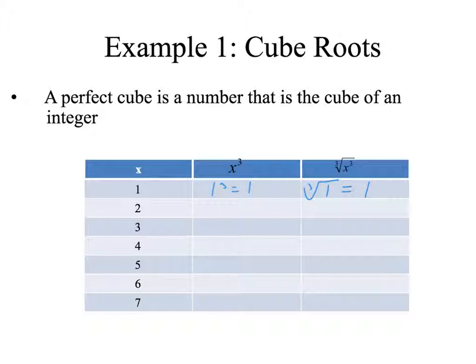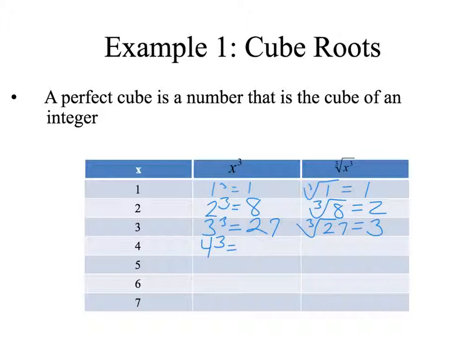Whoop, back to my pen. So 2 cubed gives me 8. And the cube root of 8 is 2. 3 cubed is 27. And the cube root of 27 is 3. 4 cubed is 64. And the cube root of 64 is 4. 5 cubed is 125.